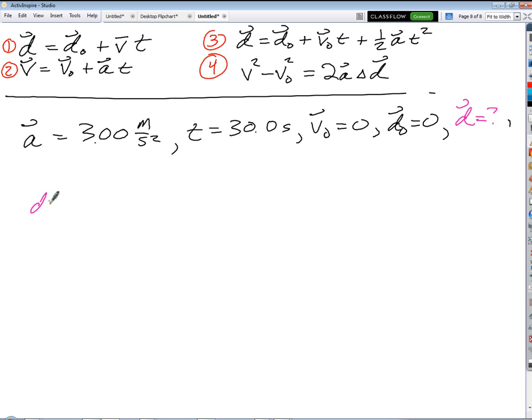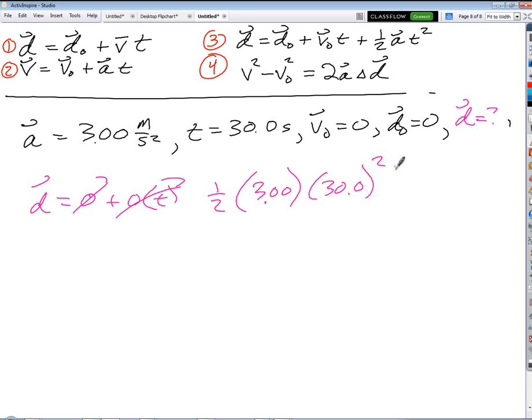So we just get d equals, d naught is 0, plus v naught is 0, so those both go away. We can forget them. The only term that survives is really just that last one. All the other ones are just 0. So it equals 1/2 times 3.00 times 30.0 squared.